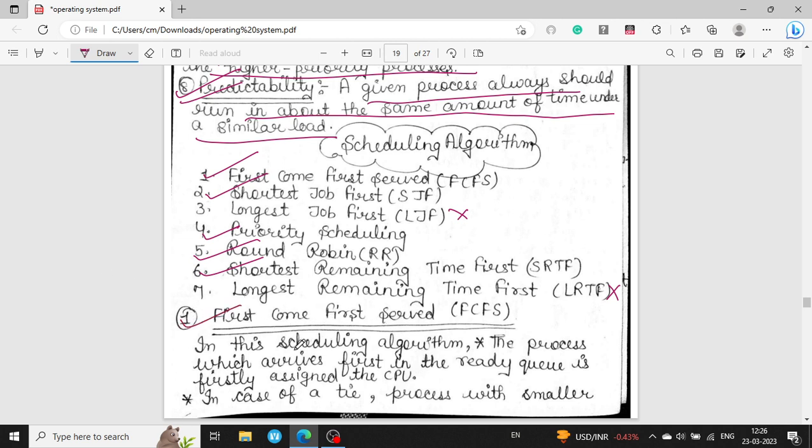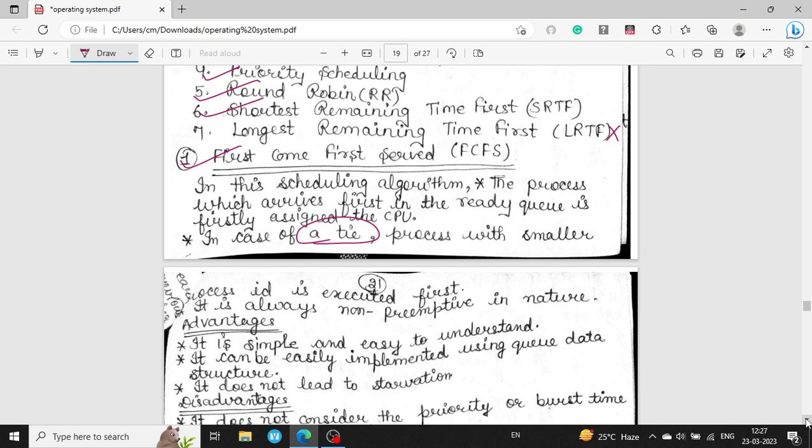First come first serve means, in this scheduling algorithm, the process which arrives first in the ready queue is firstly assigned the CPU. In case of a tie, for example, if P1 and P2 both came at the same time, the process with the smaller process ID is executed first.